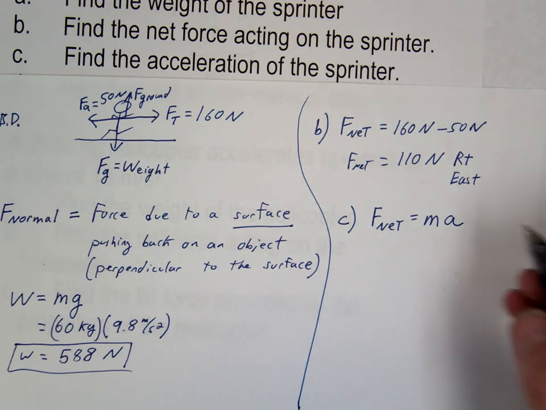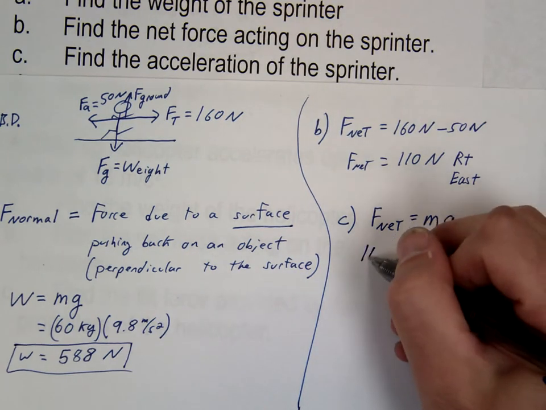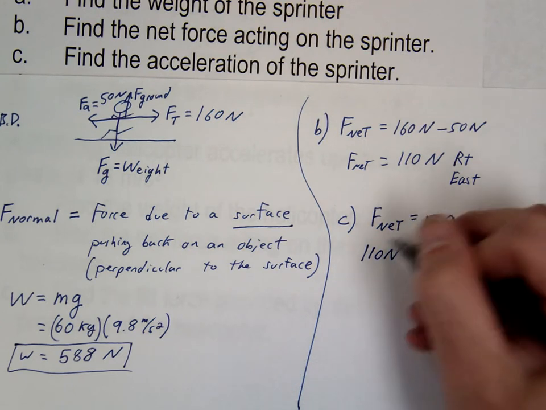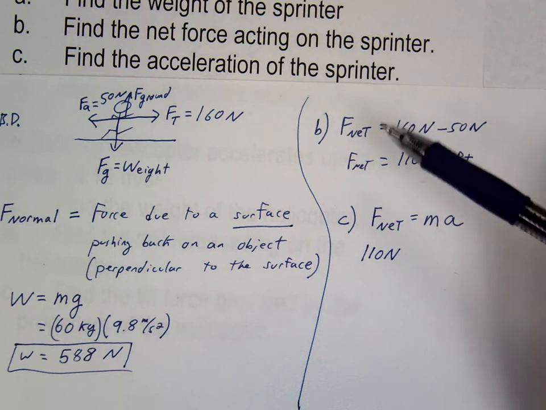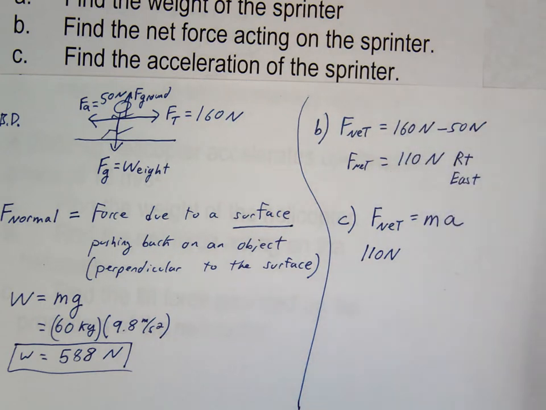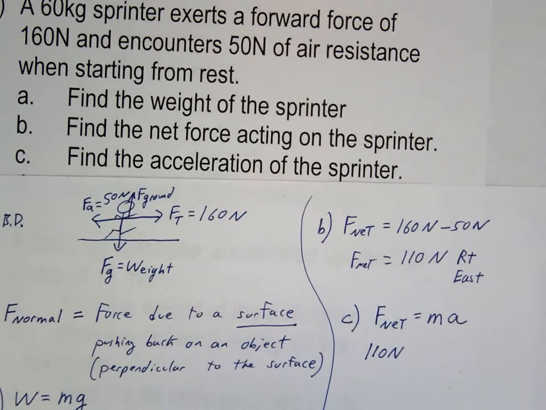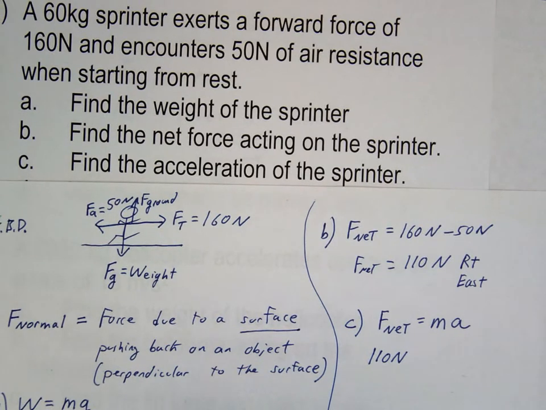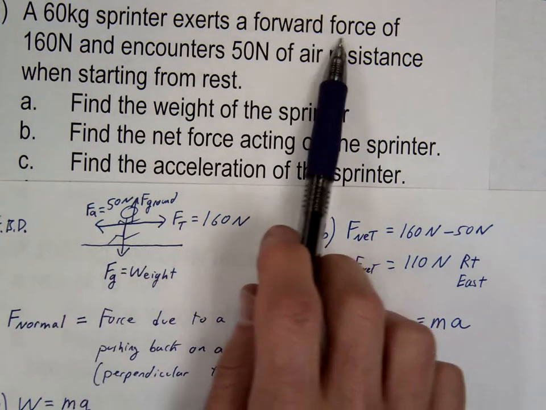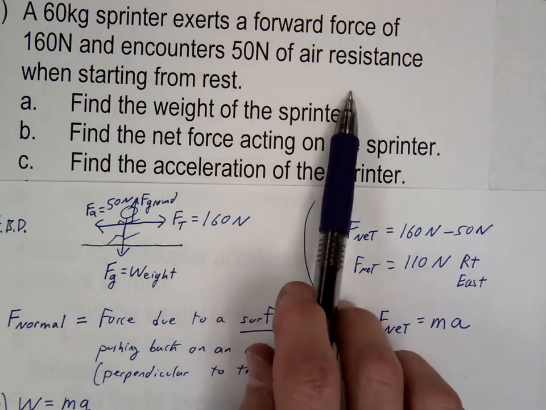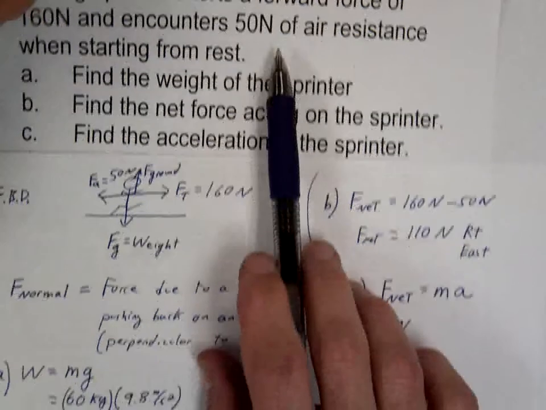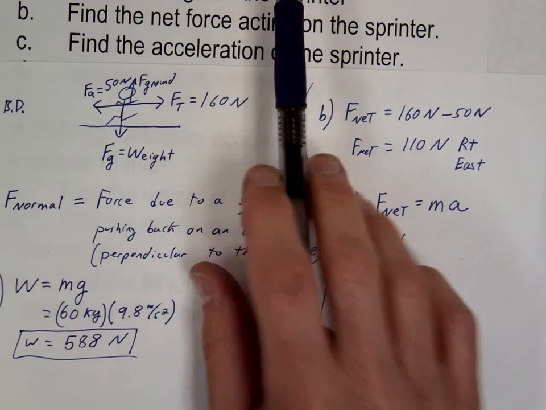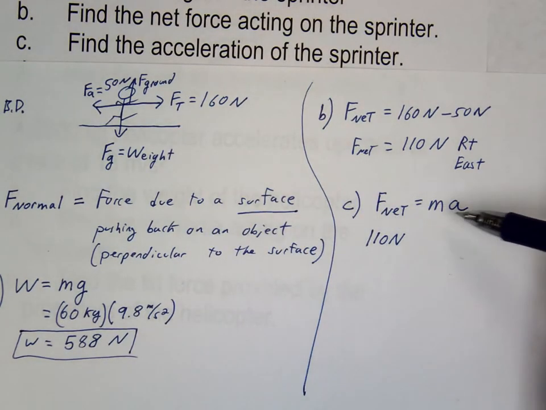Notice we just found our net force, 110. Notice that we don't use the thrust force. We use the net force. You have to be careful in the problems. Sometimes they'll give you the individual forces, the forward force and the air resistance, and sometimes they'll just give you the net force right away. So make sure you look for that word net force. If they give it to you right away, you can find the acceleration right away also.